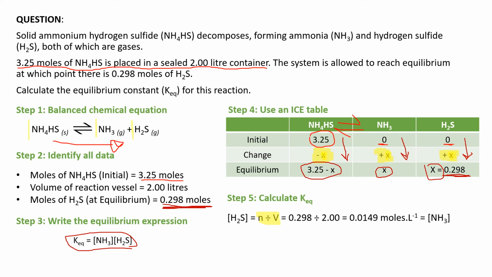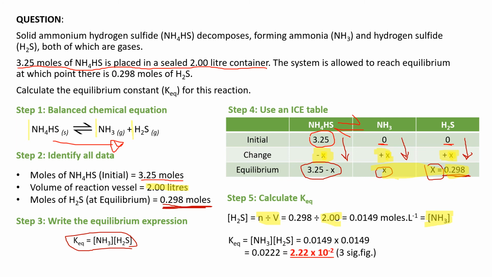So the number of moles of hydrogen sulfide was 0.298, and the volume, 2 litres, came from here. So that gives me 0.149 moles per litre, and the number of moles of hydrogen sulfide is the same as the number of moles of ammonia, as you can see from here, X and X, they're both the same.